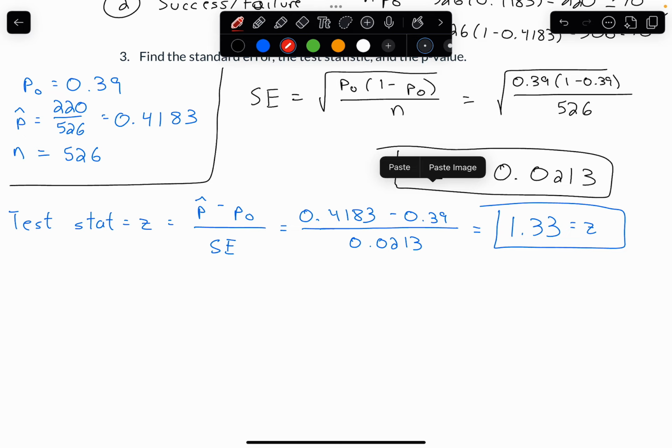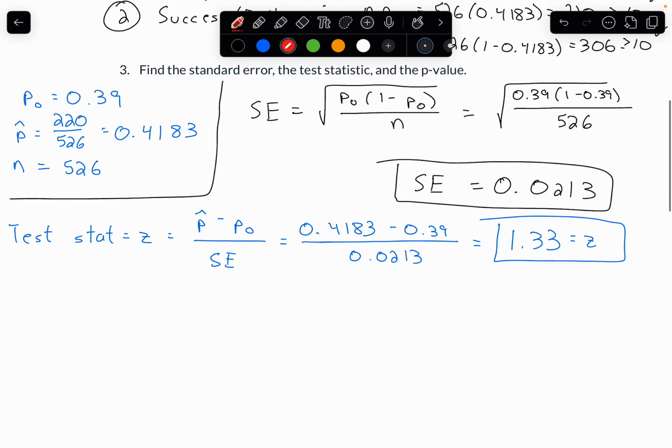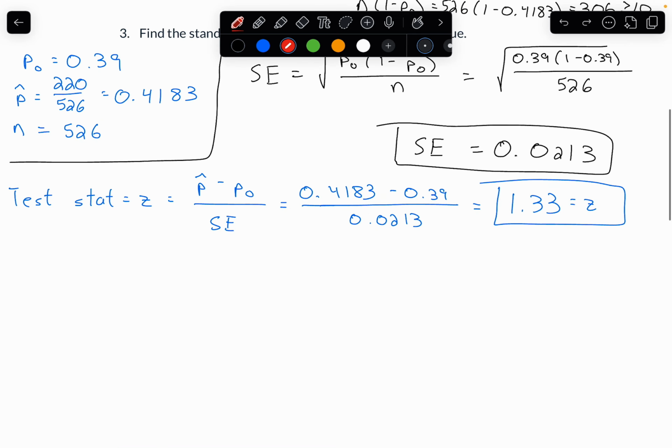The last thing that this problem asks me to find is the p-value. So for the p-value, I want to scroll all the way back up and determine what type of test we were doing. Here we said we were doing a right-tailed test, which means if I was to sketch this out on my normal distribution, I'm looking for the area in the right tail. So here we've got our test statistic.